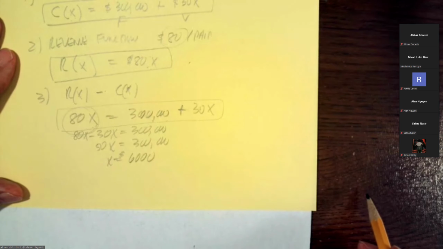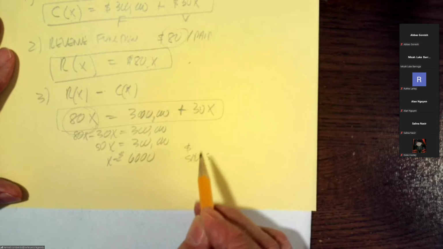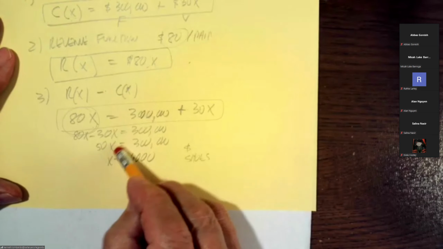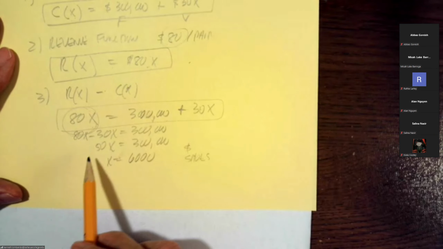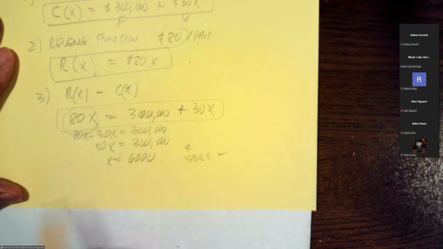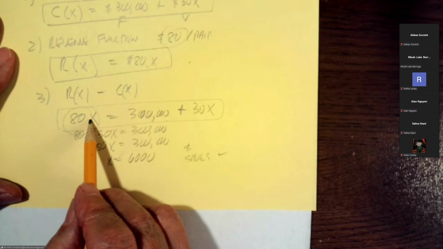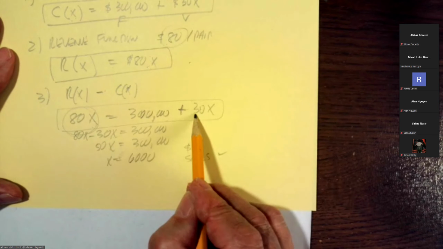Anybody agree? Disagree? Can we get a confirmation on that? Is that $6,000 or what are we solving for here? Shoes. Shoes. So we have dollars, we have shoes. Any other offerings here, what we're solving for here? I think it's shoes as well. Shoes, okay. All right, so this is $80 per shoe, and this is $30 per shoe.